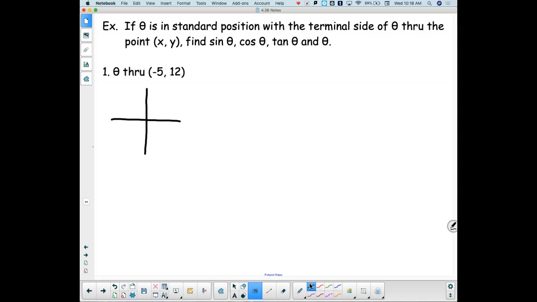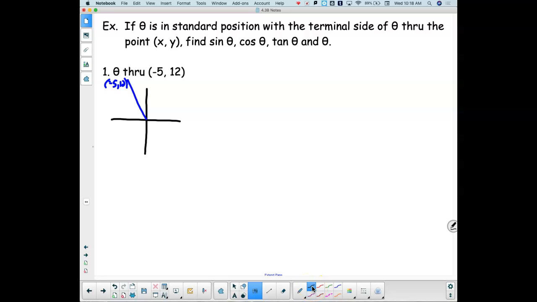So left 5 up 12 would put me up there, correct? Okay, because this would be the point negative 5, 12. Yes? Okay.